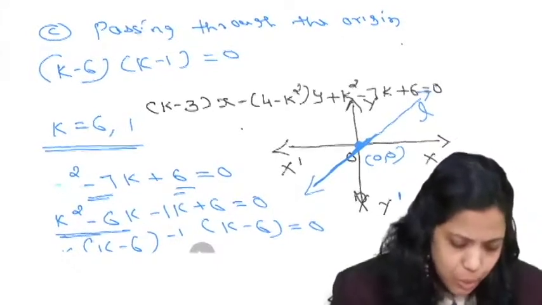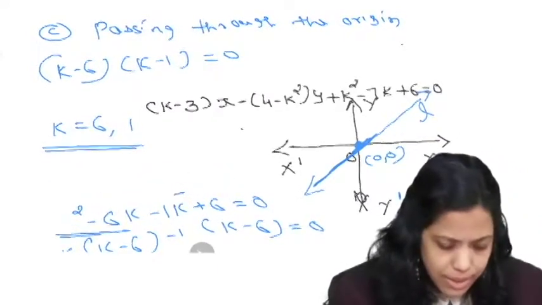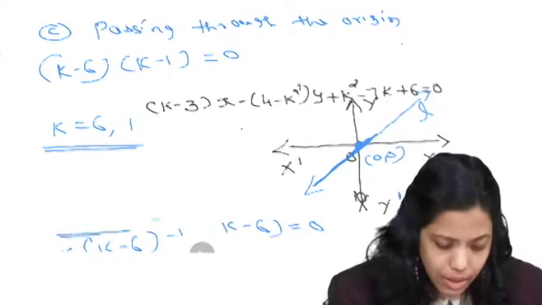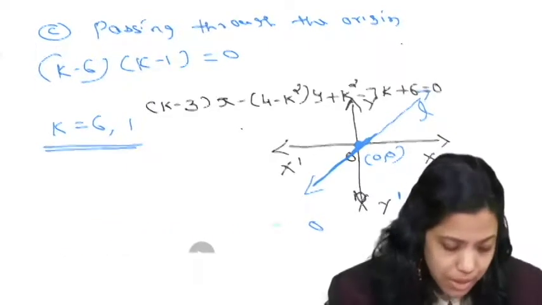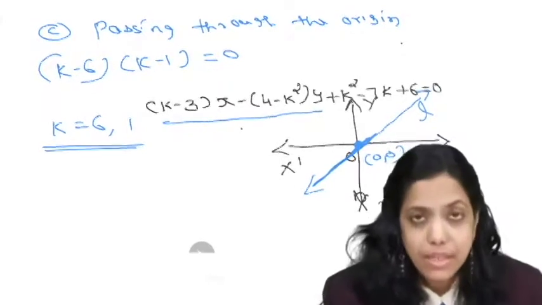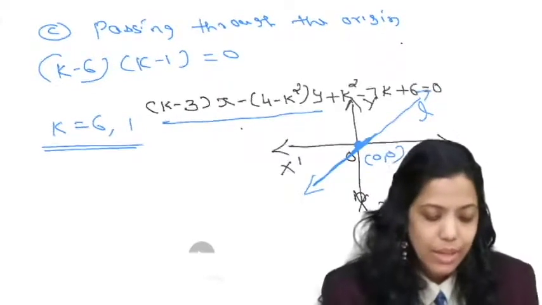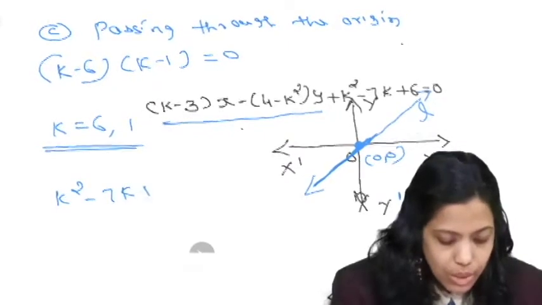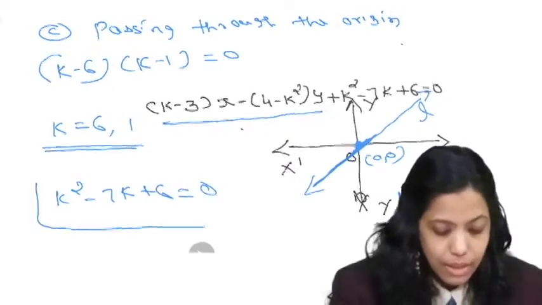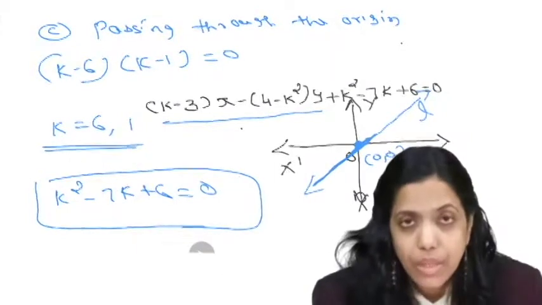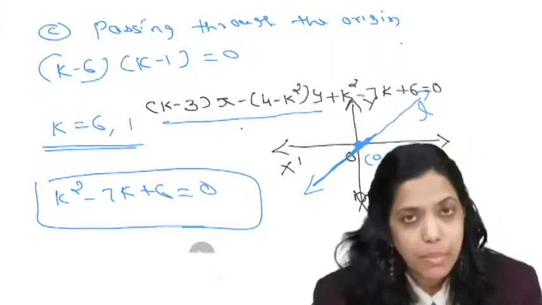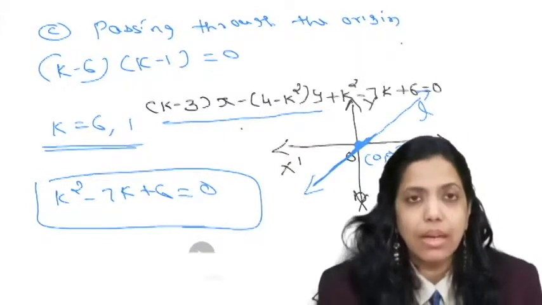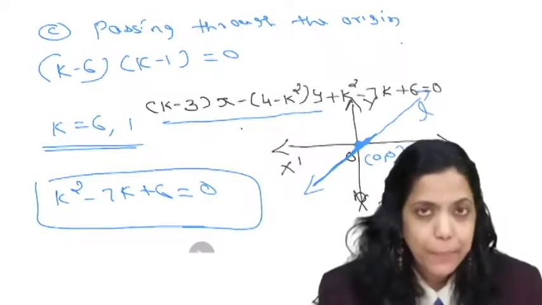So in the second method, if I consider the origin coordinates as 0, 0 and substitute in the given equation the value of x as 0 and the value of y as 0, we are getting only k square minus 7k plus 6 equal to 0. And here again I can solve that quadratic equation and we will get the same answer. Let's move on to the second question.